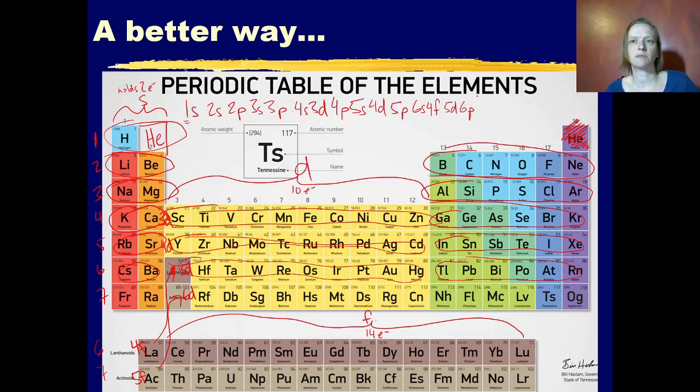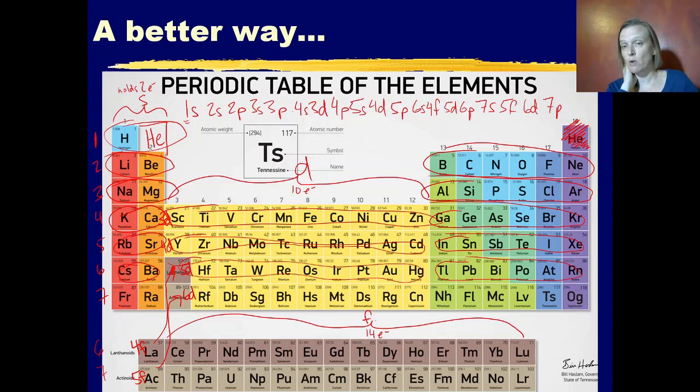After the 6p comes the 7s, then the 5f, then the 6d, then the 7p. So you can see, using this method, I get the same order of energy sublevels that I did using the diagonal method.